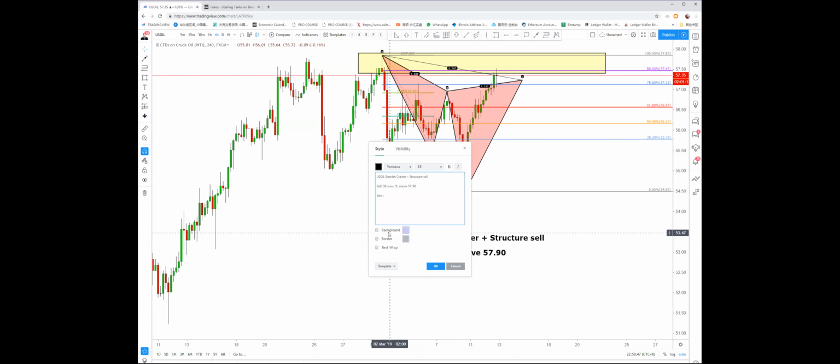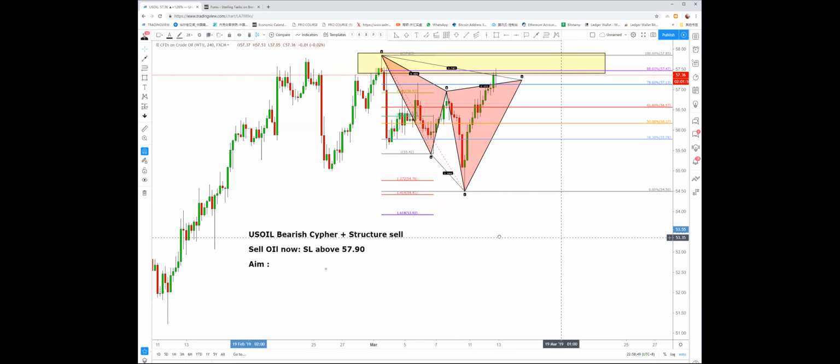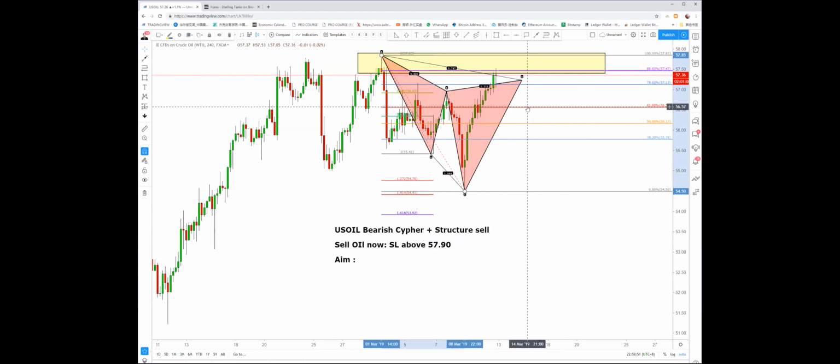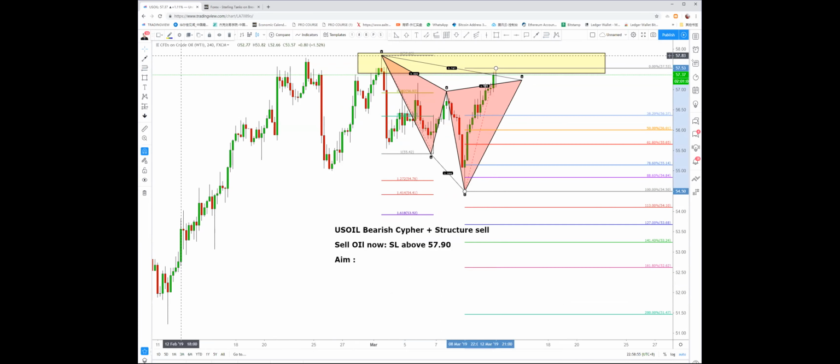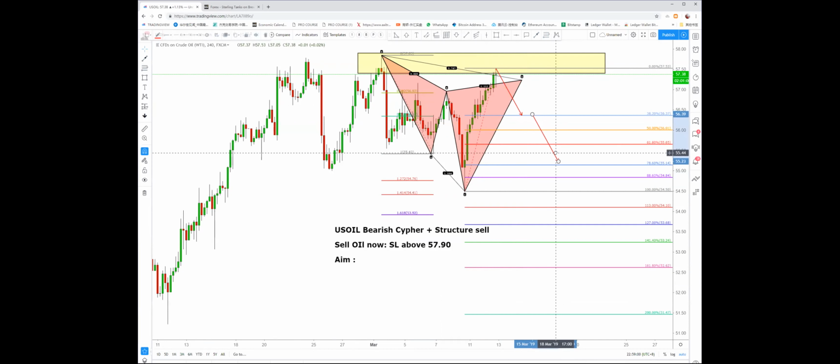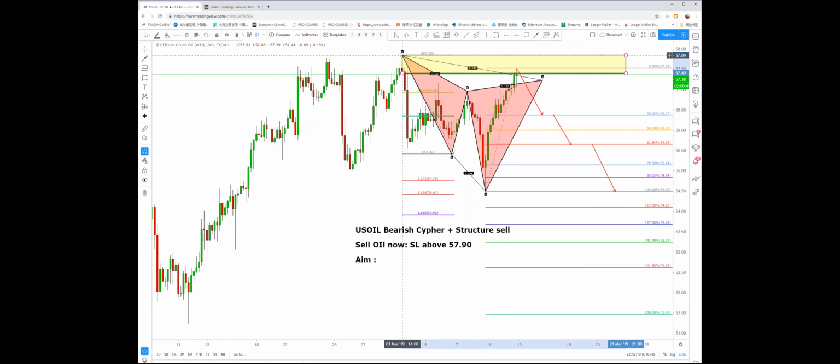What we can aim for, we should use the Fibonacci here. The first target will be here, the second target will be here. Sorry, 618. The final target will be the previous low. All right, good. Our stop loss is above the X. The X point is here.